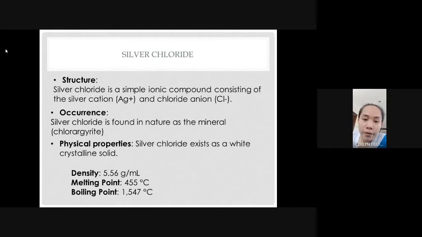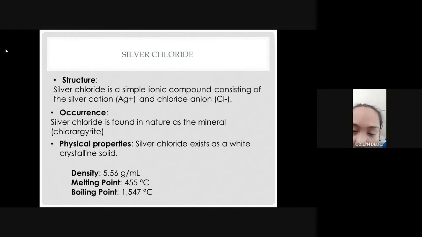Occurrence: silver chloride is found in nature as the mineral chlorargyrite.